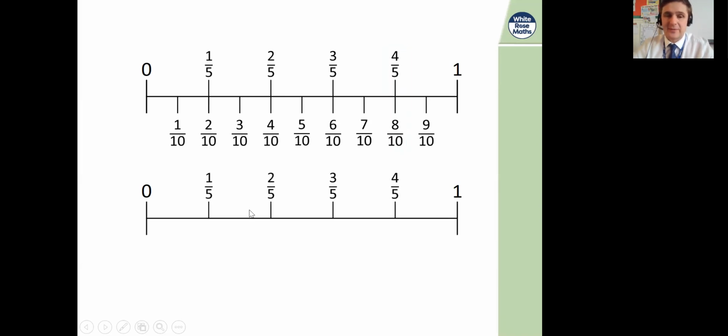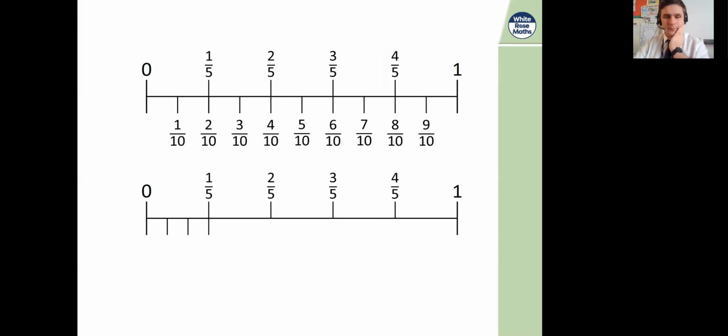Now, if I had fifths and I split each one into 3, what fraction am I going to create now? Think back to what we did at the start of the session. What fraction are we going to have now if I split each of these fifths into 3, and I did that 5 times? I'd have 5 lots of 3.